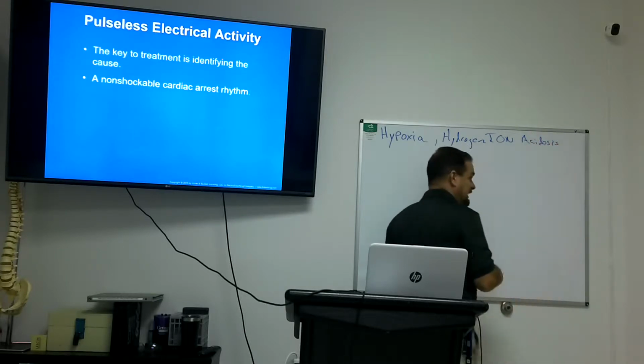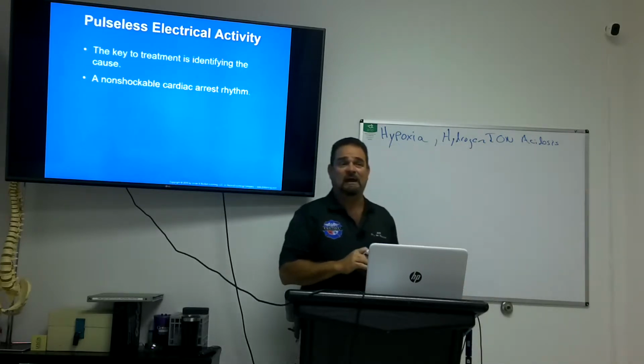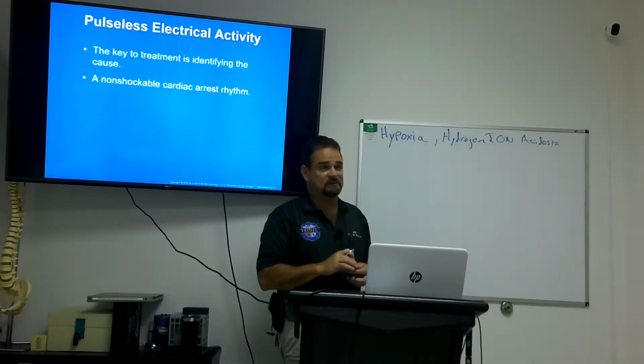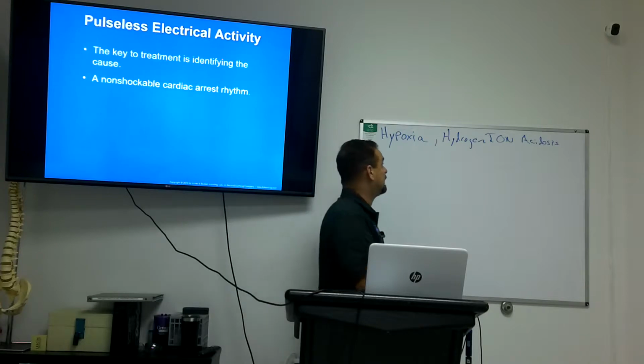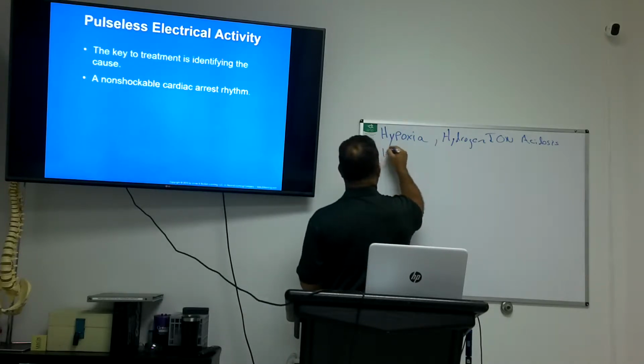So the patient is acidotic. They've got some kind of condition going on that the patient has become acidotic. They have a pH that's less than 7.35. Okay, so they're acidotic.